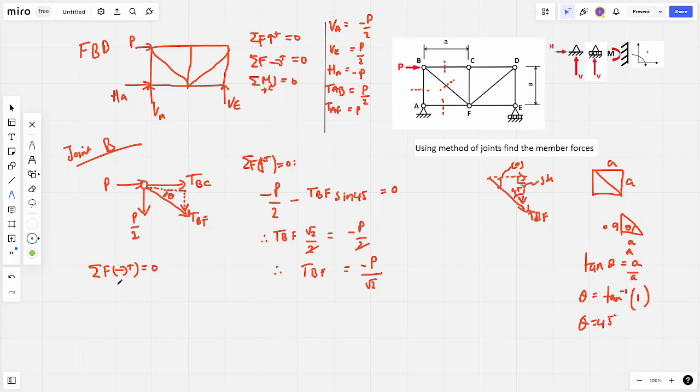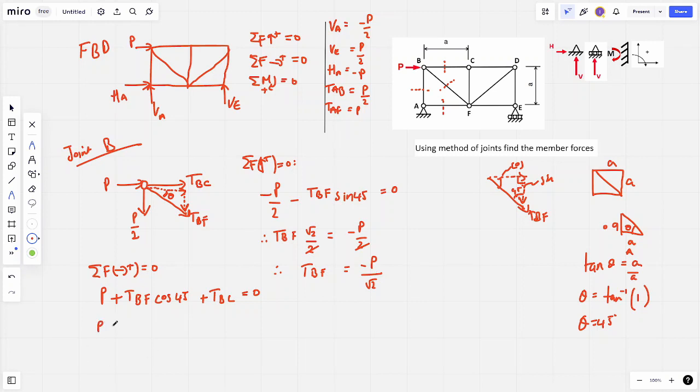We've got a positive P. We've got this component going to the right, so that's positive TBF cos 45. We've also got TBC going to the right, so positive TBC is equal to 0. Cos 45 and sine 45 are the same, root 2 over 2, and we plug in TBF from here.